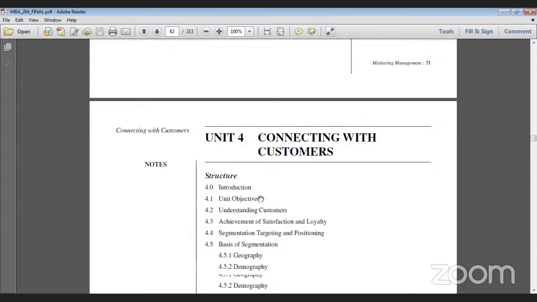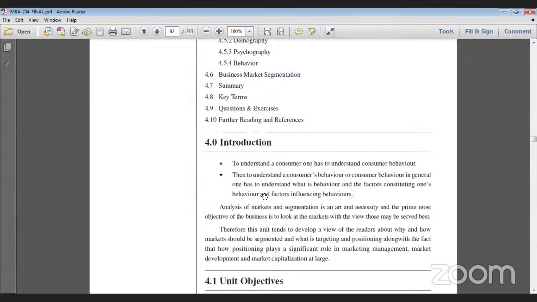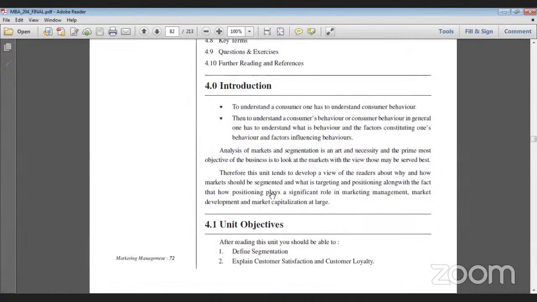Definitely, if you understand the consumers' behavior, we come to know what kind of product they are going to purchase. So we need to make a proper segmentation of the product. Okay, because market segmentation is very much important. How can we make a market segmentation? By looking at the purchasing power of the consumers.